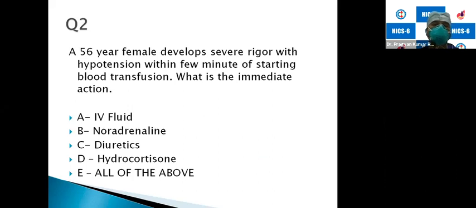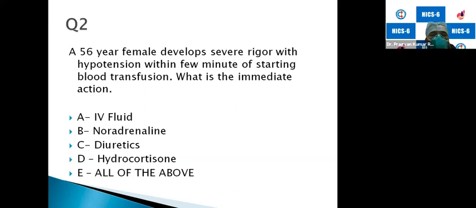Even 1 to 2 cc of RBC can cause it. Why does this happen? Because the recipient's serum contains antibody against the donor RBCs, and immediately as RBCs enter the recipient's blood, it causes severe hemolysis, and hemolysis causes a cascade of reactions which causes severe rigor, chills and hypotension.